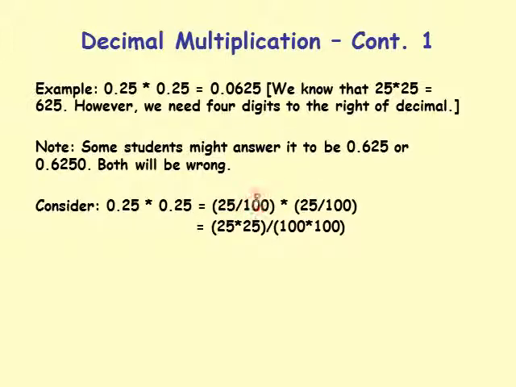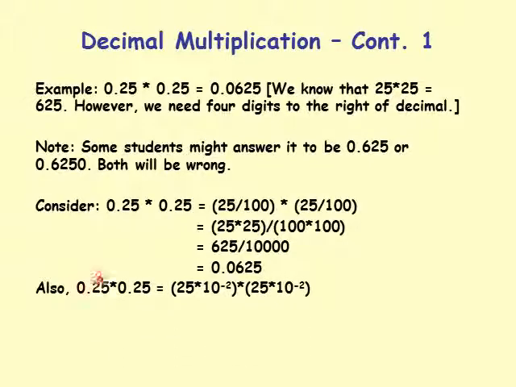And in the denominator we have 100 times 100, which would be 625 divided by 10,000. Okay, and that is 0.0625. If we convert that into fractions before we multiply, we get 0.0625.